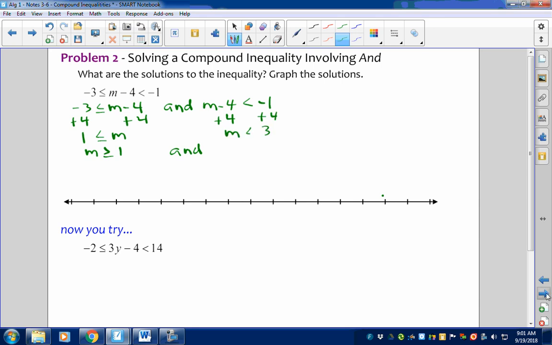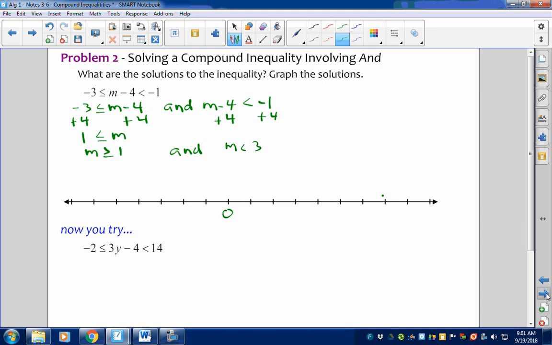M is less than 3, so we have m is greater than or equal to 1, and m is less than 3. So we solve them both separately after you've split them up into two separate cases.